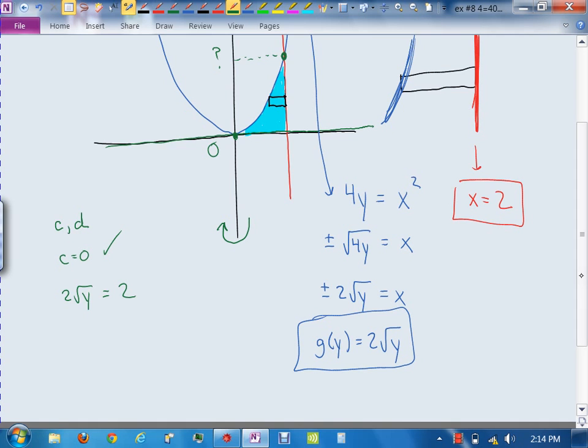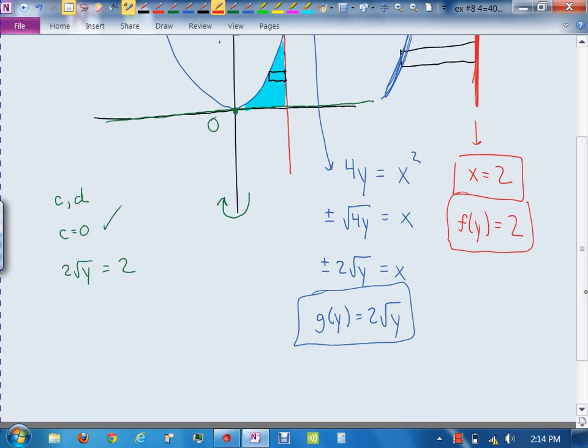Y'all see what I'm doing? I'm setting the g equal to the f function. I forgot to label that one f. F of y equals 2. So when you set them equal, divide both sides by 2, you get root y equals 1. Square both sides, y equals 1. So that's a 1 up there.